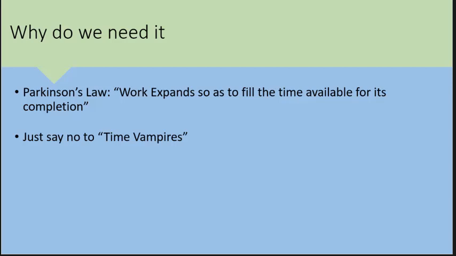Some negative time vampires that we need to be aware of are, obviously, binge watching TV, binge watching Netflix, things like scrolling through Facebook and next thing you know, 2 hours has gone by, and all you've been doing is posting TikTok videos or whatever the next social media thing is, and your time is gone and you can never get that time back. So we have to be careful of those time vampires.